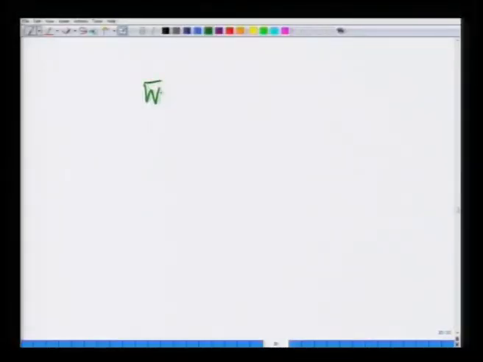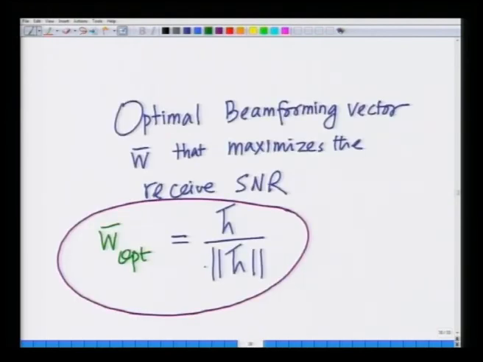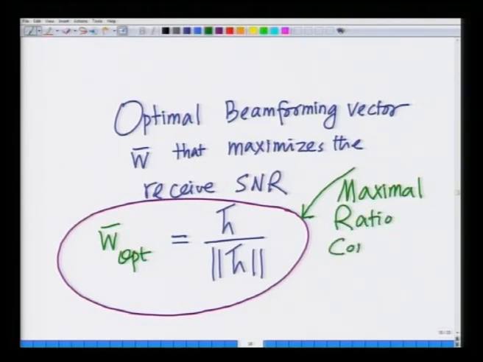This has a name. This combiner W optimum that maximizes the SNR is known as the maximal ratio combiner.